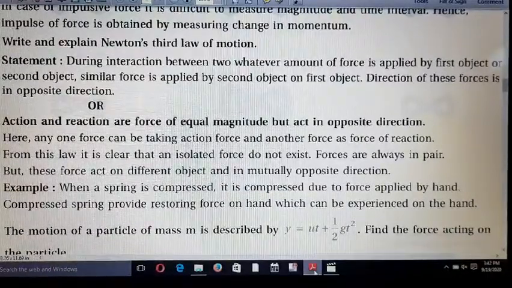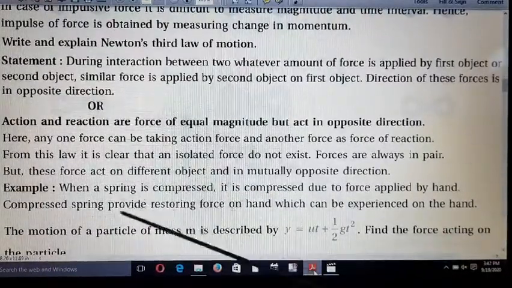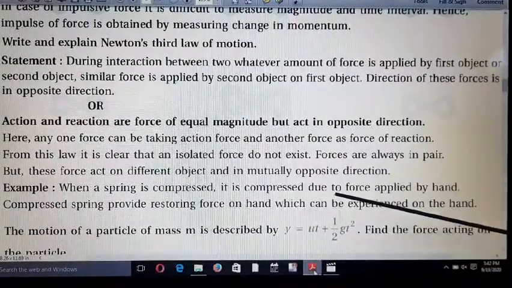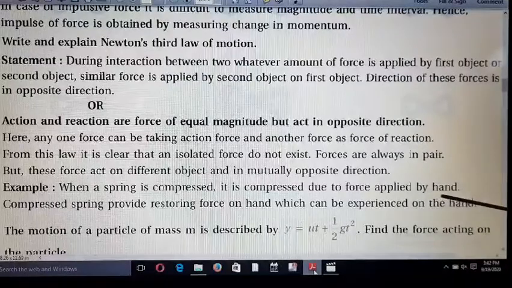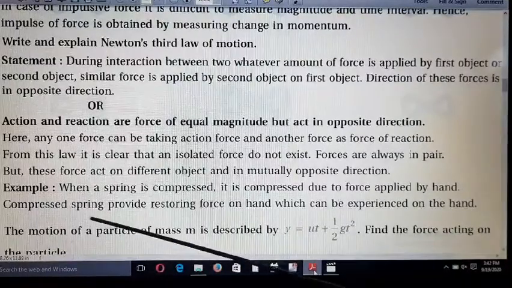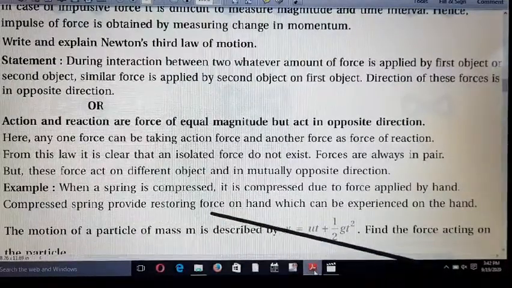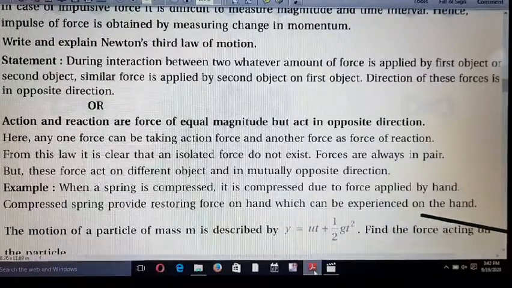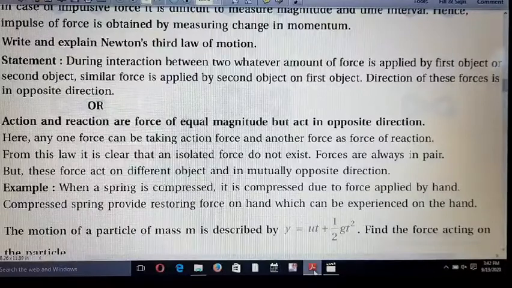One example is when a spring is compressed. It is compressed due to force applied by the hand. The compressed spring provides a restoring force on the hand, which can be experienced on the hand.